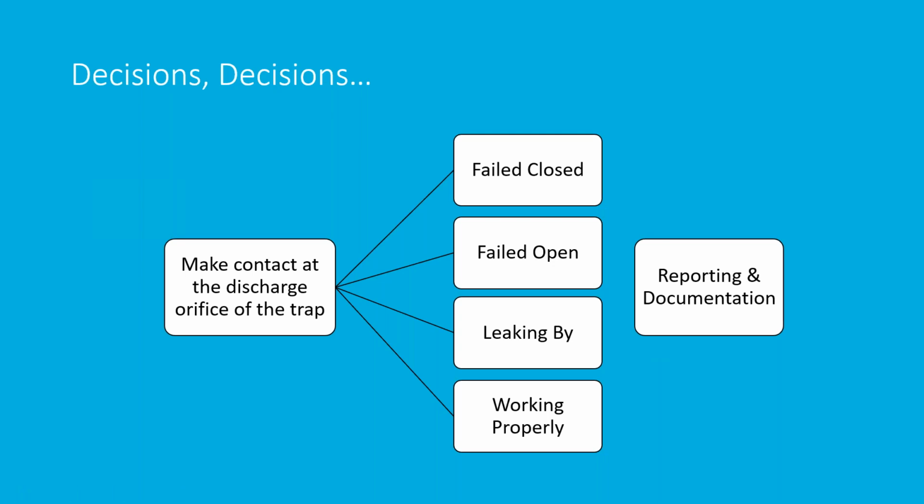If you go up to a steam trap, and let's say we check our inlet temperatures and our outlet temperatures, and those temperatures are the same, pretty safe to determine that that trap is probably in a failed open condition. It should be a little bit cooler on that outlet or the discharge side of the trap. But either way, we're going to listen with ultrasound, and based off of our determination, we're going to determine if that trap is failed closed, failed open, leaking by, or if that trap is working properly. And then we can proceed to our reporting and documentation.